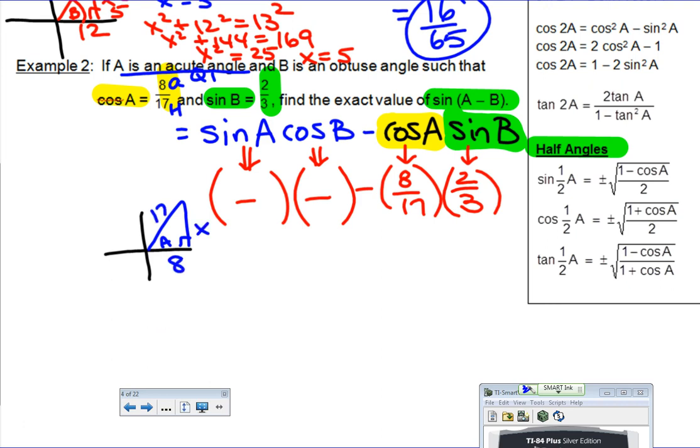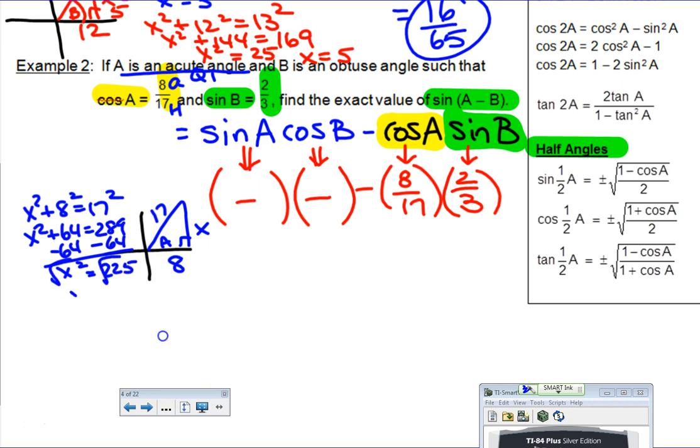I'm going to do the Pythagorean theorem. So I now know x is 15. So I can now fill in this one right here. The sine of A now is the O side 15 over the H side 17.